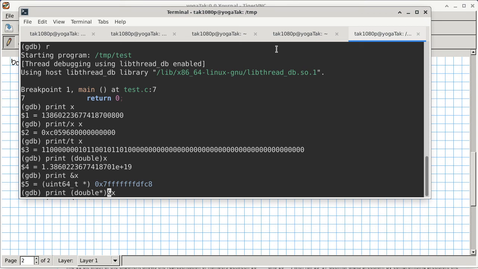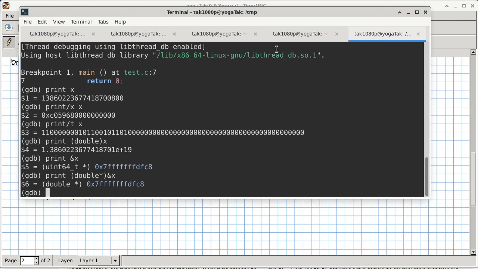I don't want to look at it as an address of a 64-bit unsigned integer. I want to look at that as the address of a double. I'm not changing what is at that location. It's still the same 64 bits. I'm just telling the debugger that it's no longer the address of an unsigned 64-bit integer. Now it is an address of a double. But if I press the enter key, nothing magical is going to happen because it is still at the same address. Is that okay?